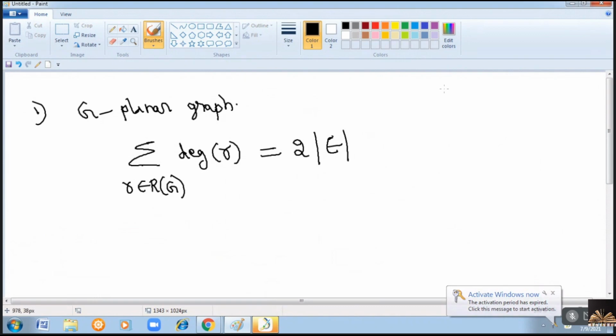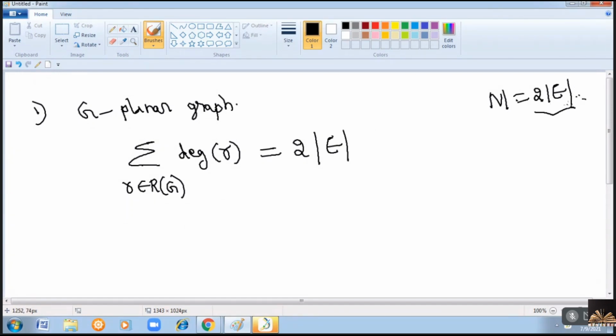I gave you a similar formula at the time of explaining the degree of a vertex: the sum of the degrees of the vertices is equal to 2 times the number of edges. When you are talking about regions, it is similar. Please do remember this one.